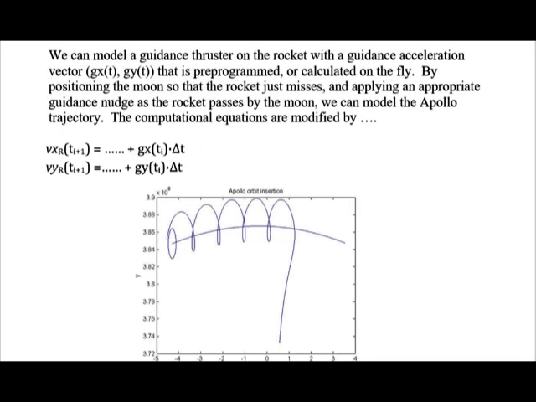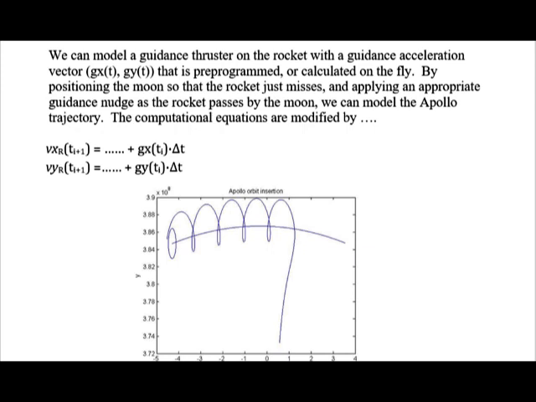We can model a guidance thruster on the rocket with a guidance acceleration vector, g sub x and g sub y, that is pre-programmed or calculated on the fly. Then, by positioning the moon so that the rocket just misses, and applying an appropriate guidance nudge as the rocket passes by the moon, we can put the rocket into orbit around the moon, giving us the Apollo trajectory.